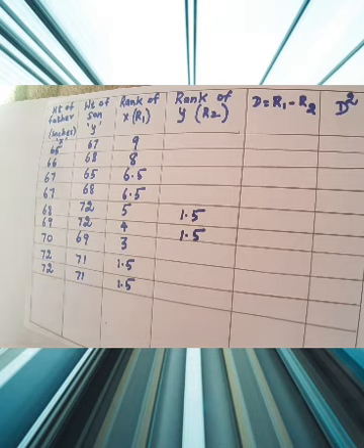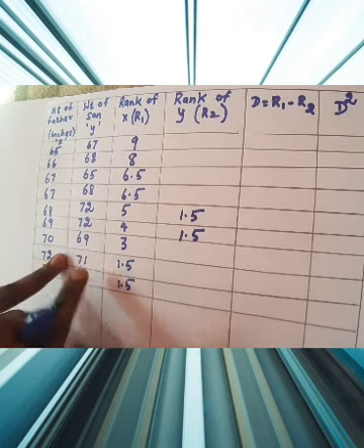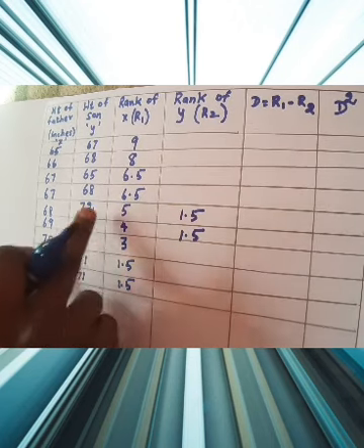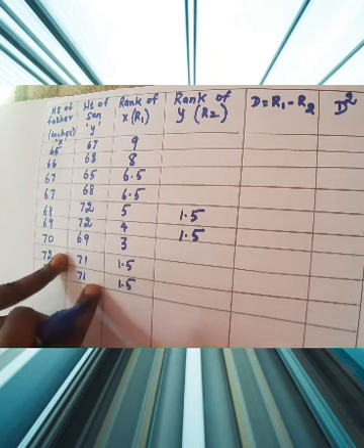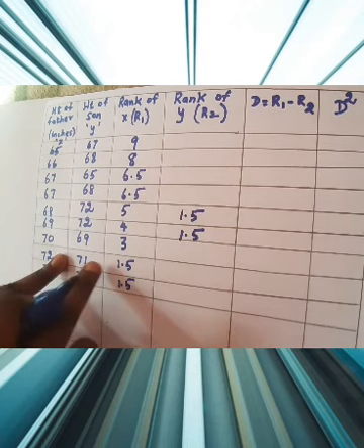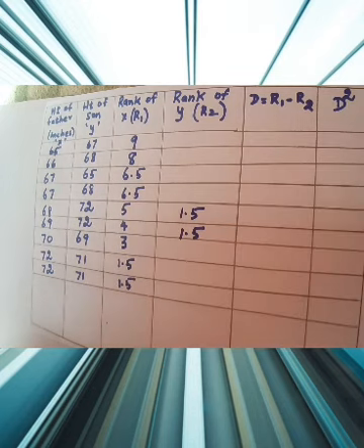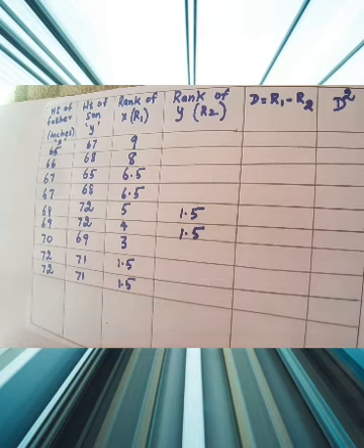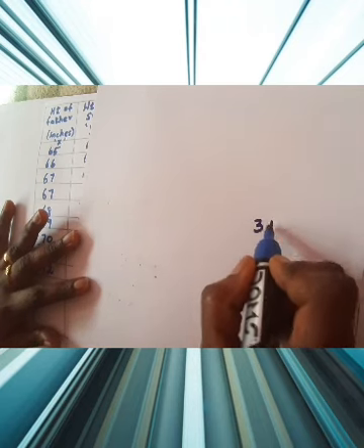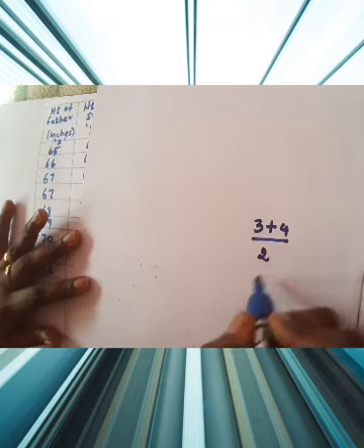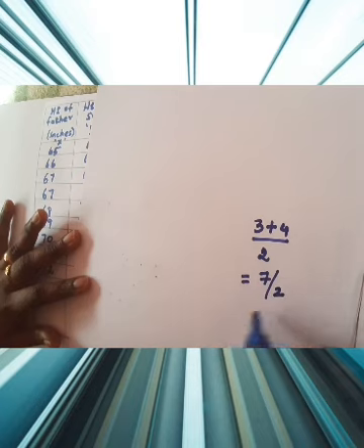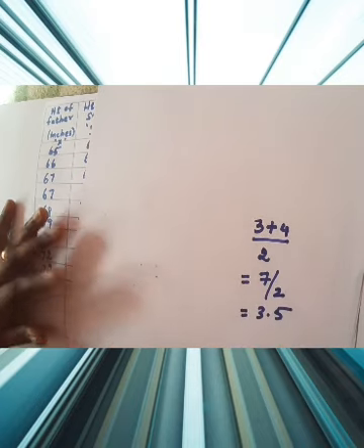The second rank will be eliminated. The third rank, right? Again, there is a tie between the two. After 72, next least is 71. Again there is a tiebreaker. Third rank plus fourth rank divided by 2, which is 7 by 2, 3.5.